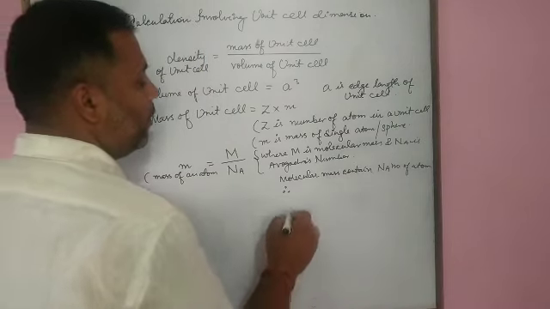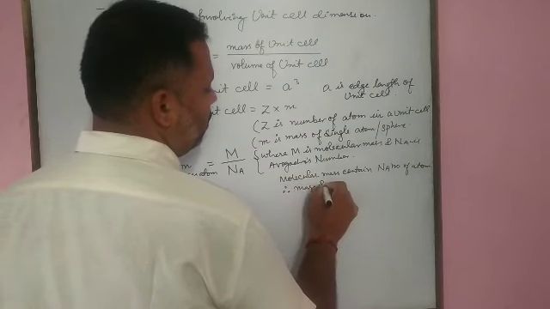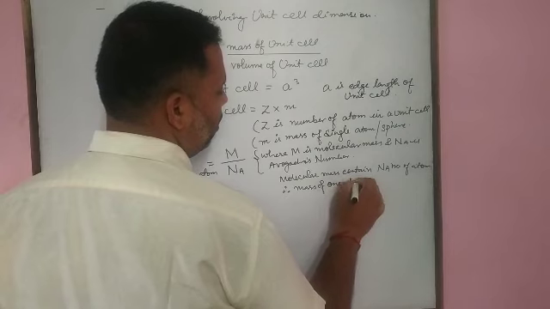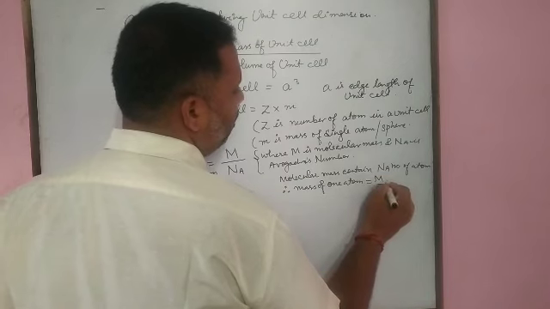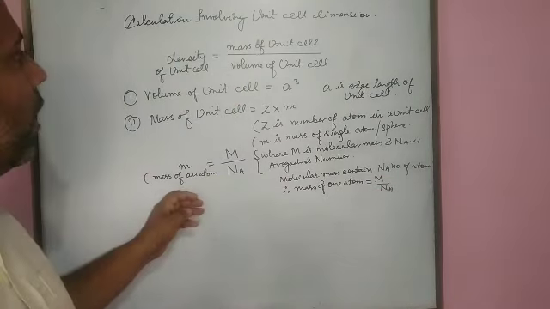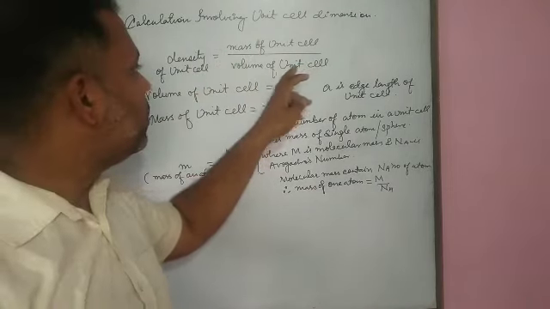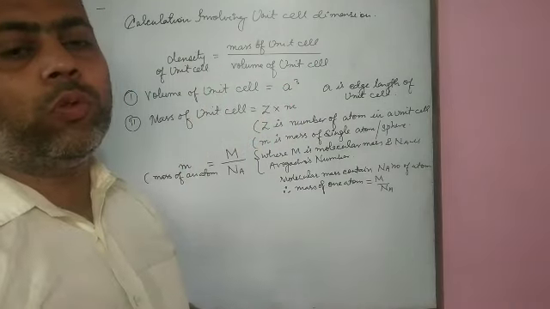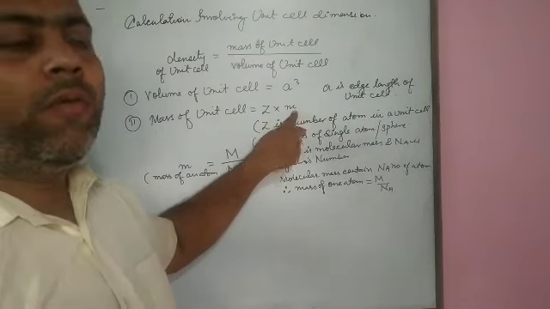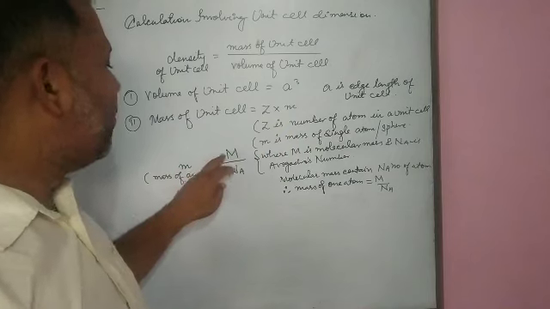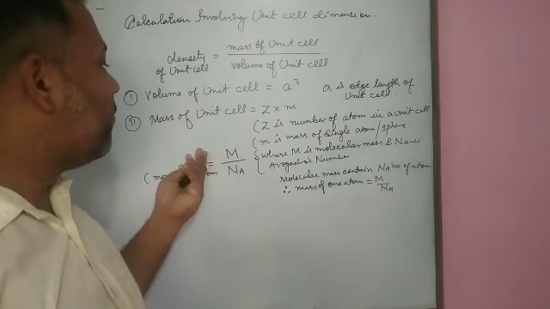Therefore, the mass of one atom is equal to molecular mass by Na. What we have obtained is the mass of the unit cell, which is equal to the number of atoms into the mass of one atom. We know the mass of one atom is M by Na, where M is molecular mass and Na is the Avogadro number. From where have we obtained it?